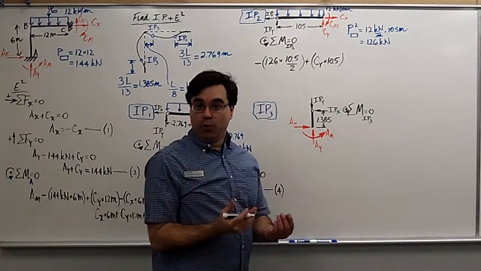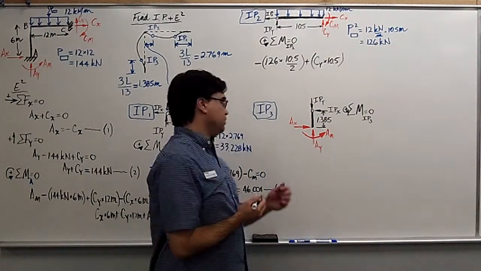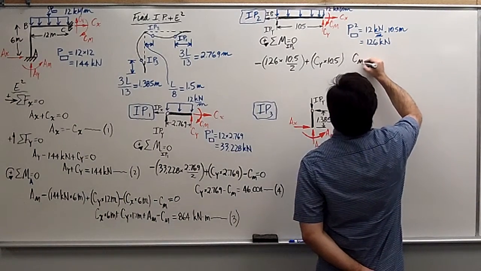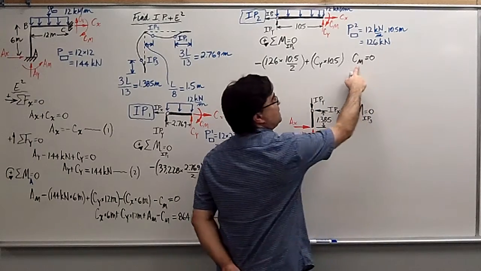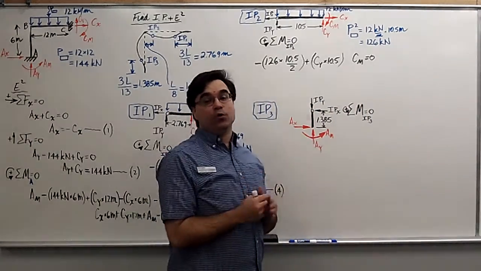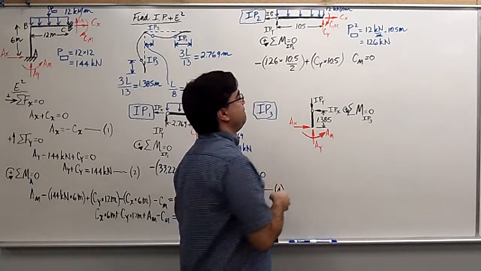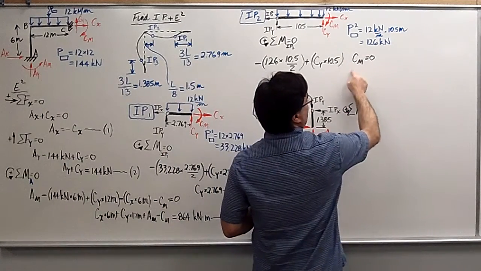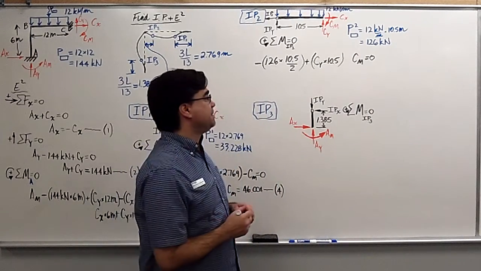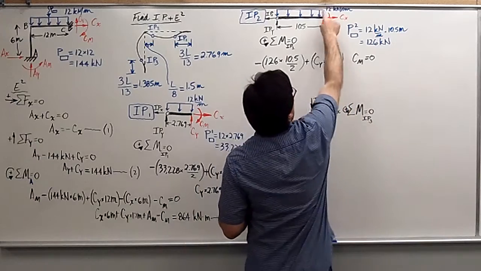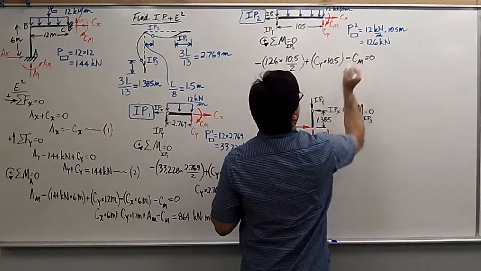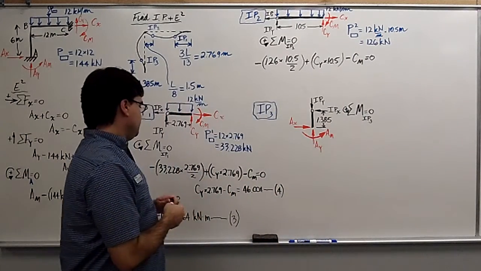Cx causes no moment with respect to inflection point 2 for the same reason as here. And lastly, the moment at C. This moment is a moment. You don't multiply it by a distance because the distance is already inside of it. If you multiply it by a distance, it would be kilonewton meter squared. Make sense? Cm, I'm guessing, is clockwise, therefore negative. Okay?